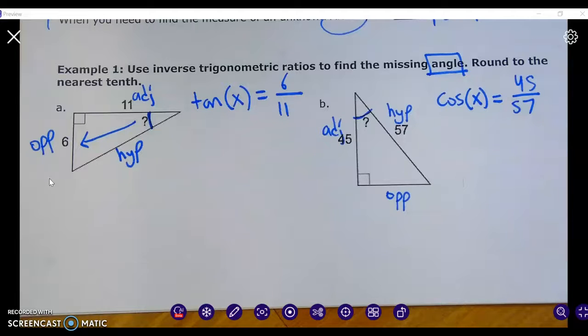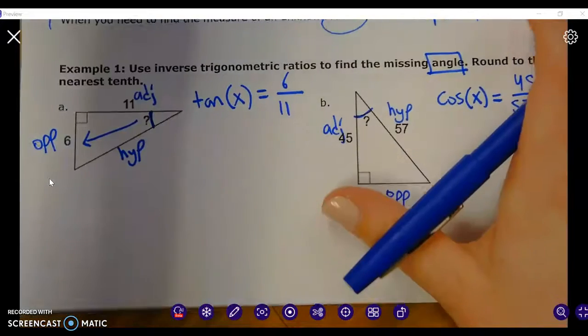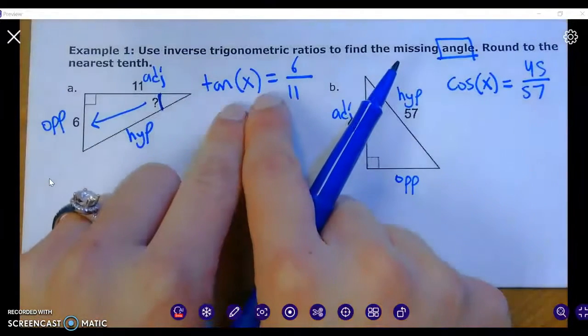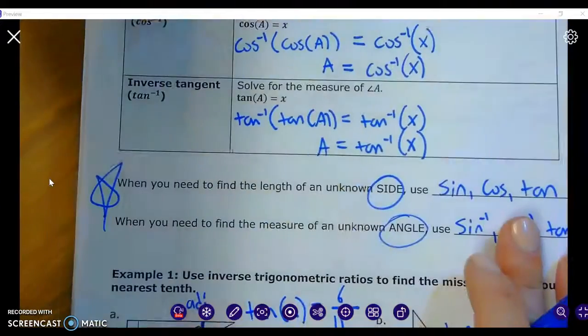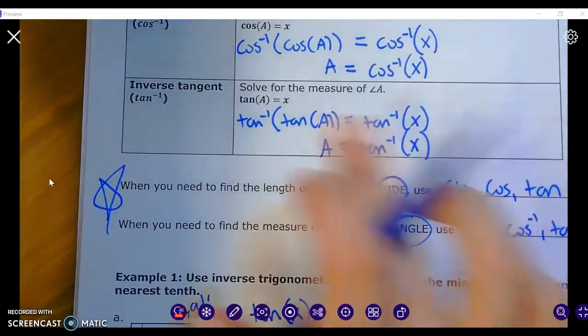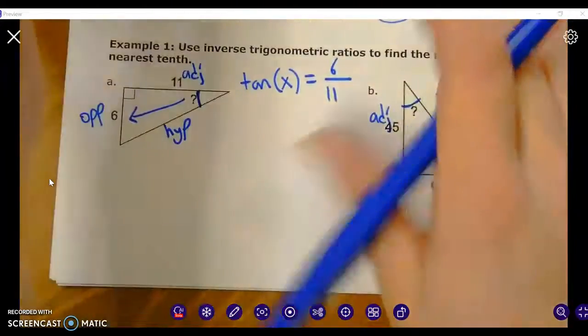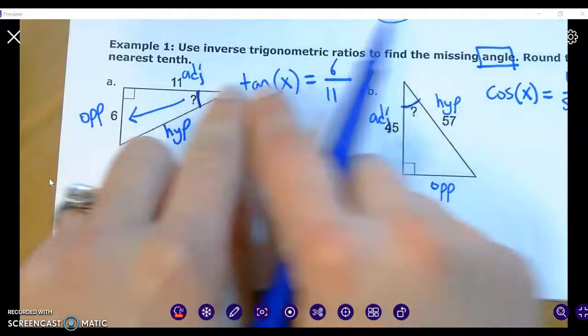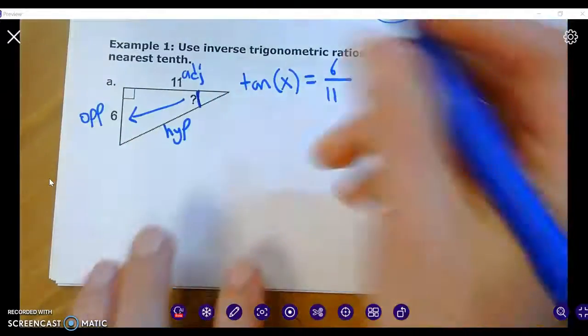Okay, so now here's where I personally like this better than solving for sides because it's honestly kind of easier once you get it down. To solve for this, we're going to do just like we did in this chart. We're going to take the inverse tan of both sides of our equal sign.